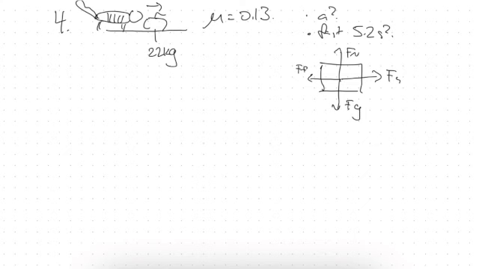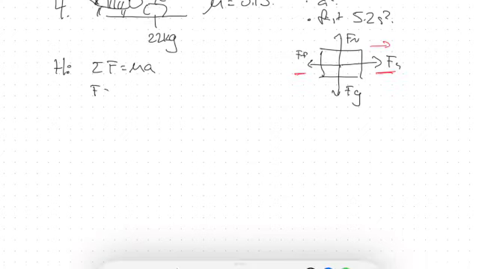So we break into horizontal and then vertical. Sigma F equals ma. So in the horizontal, we've got force applied winning against the force of friction. Force applied minus force of friction equals m, that's mass of the block, a.